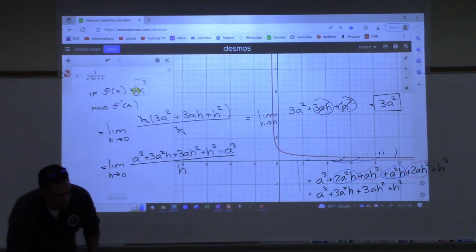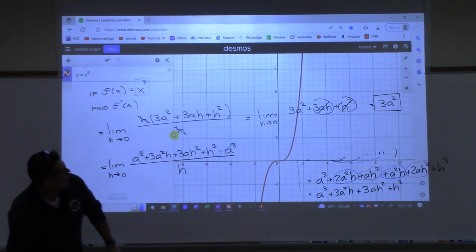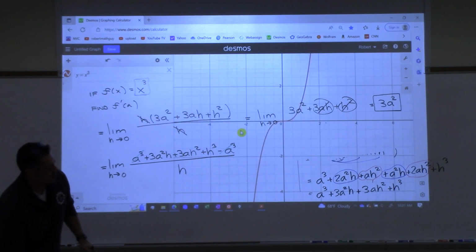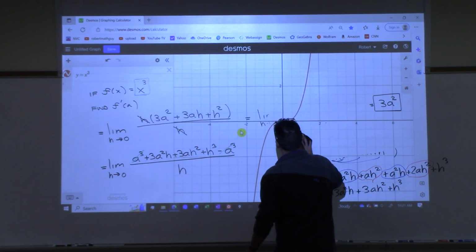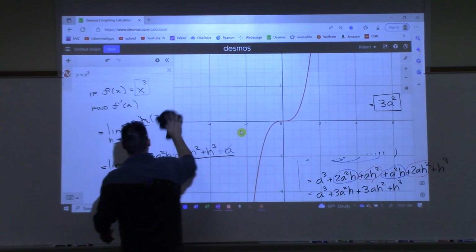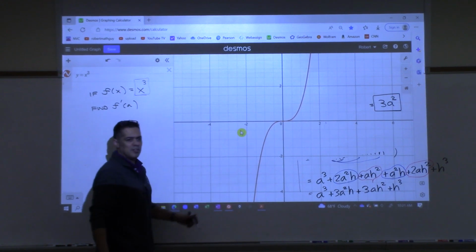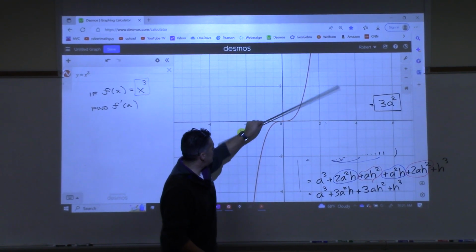Let's see if you're understanding this. Here's the graph of that curve, all right? That's x cubed. Can you tell me what the slope of the tangent line is on different places on this curve?